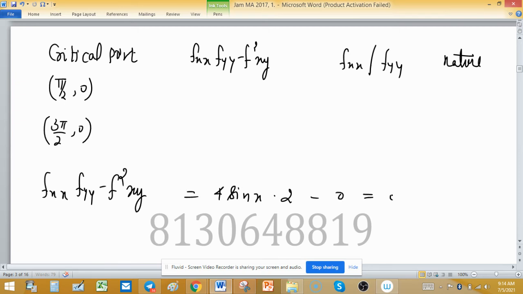So this is 8 sin x. Now check at the point (pi by 2, 0).